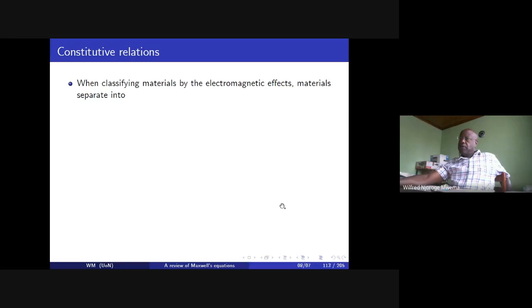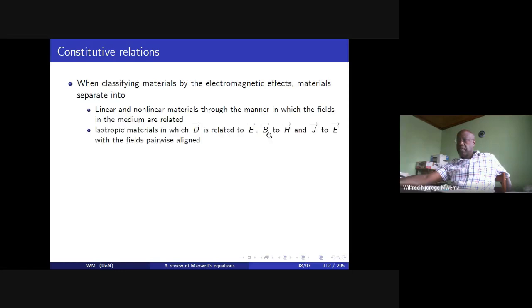So if we are going to classify the materials by their electromagnetic effects, the materials separate into linear and nonlinear materials through the manner in which the fields in the medium are related. Isotropic materials are those in which D is related to E, B to H, and J to E in a linear way, and they are all pairwise aligned.